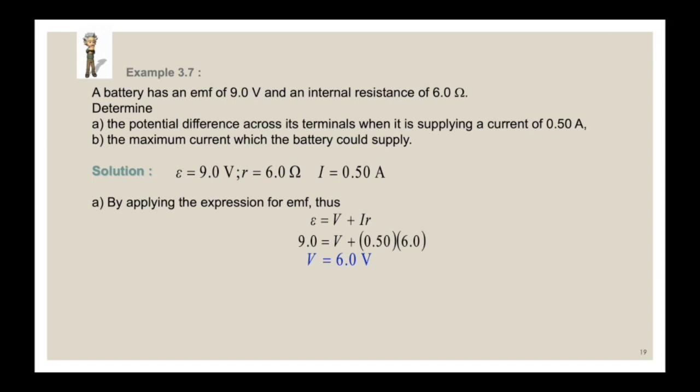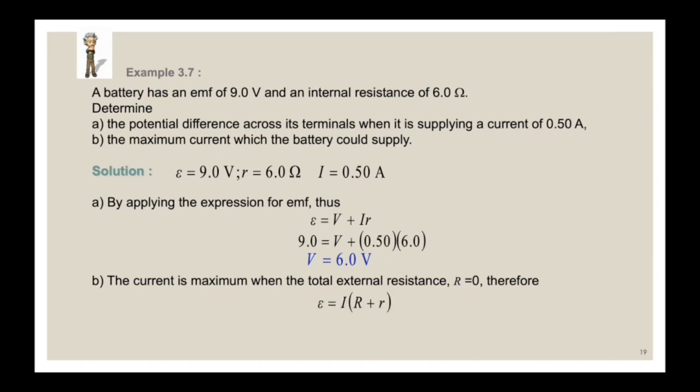And for B, determine the maximum current which the battery could supply. So the current is maximum when the total external resistance R is 0. So use these equations again and then you substitute again. Okay, and then you get the current.